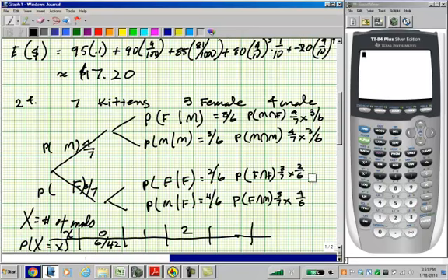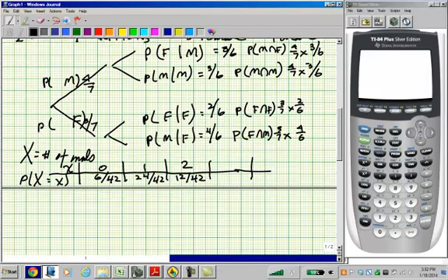That's 12 over 42 plus 12 over 42, 24 over 42. And the probability of 2 males, a male and a male, is 12 over 42. And these add up to 1. 6 over 42 plus 24 over 42, which is 30, plus 12 over 42 is 42 over 42. So here's our probability model right here.